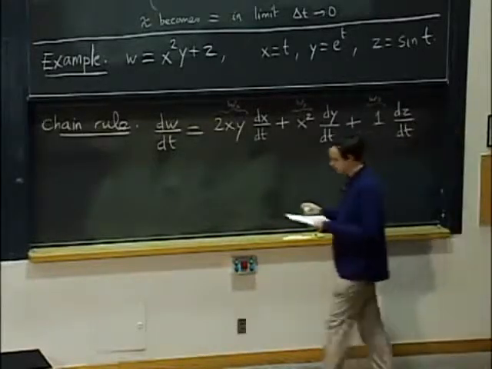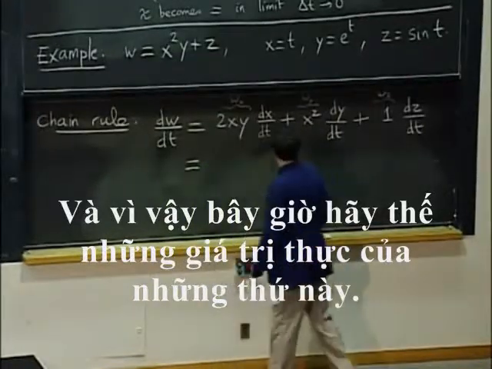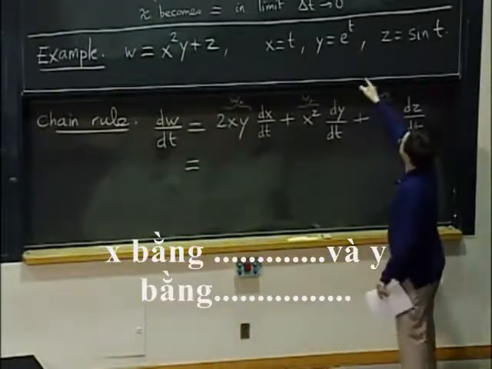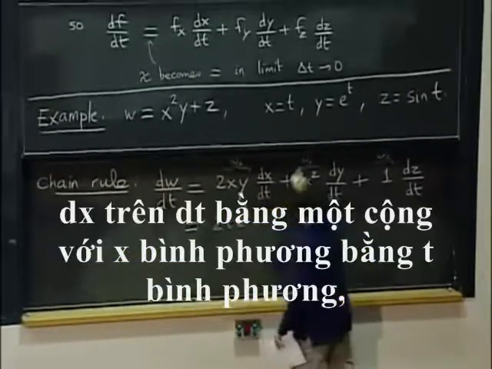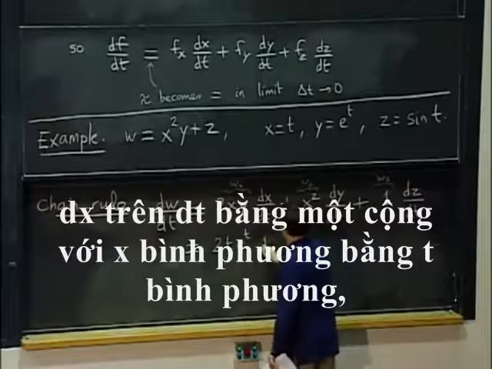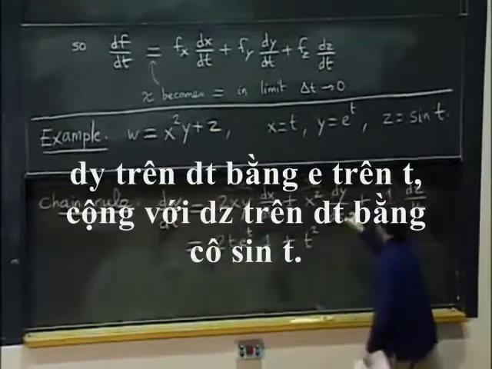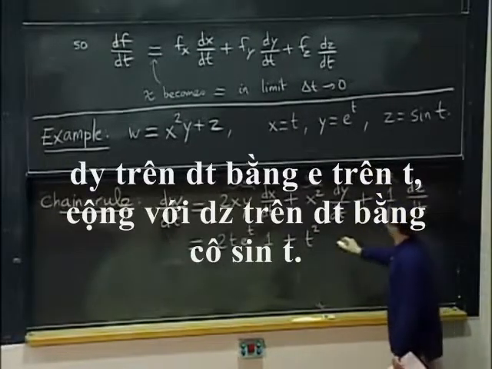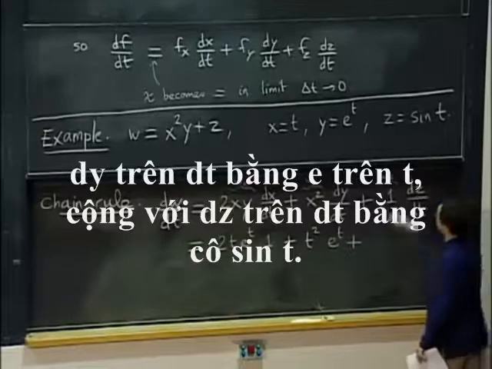Okay? And so now let's plug in the actual values of these things. So x is t, y is e to the t, so that will be 2t e to the t, times dx dt, which is 1, plus x squared, which is t squared, times dy dt, which is e to the t, plus dz dt, which is cosine t.